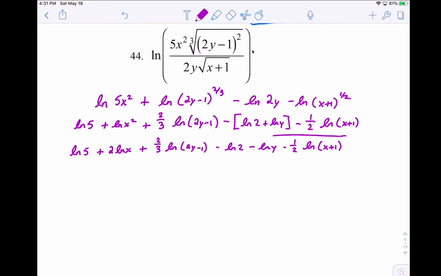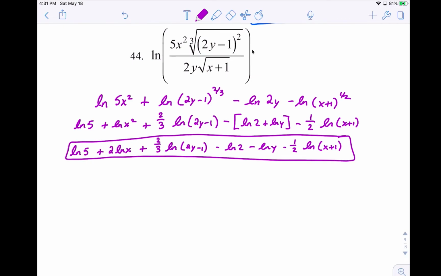Alright, it's a pretty long one there, but again, just take your time, and you should be okay with that. Remember, if you're expanding, nothing should have an exponent. All the exponents should be out front. Nothing should be multiplying together, anything like that.